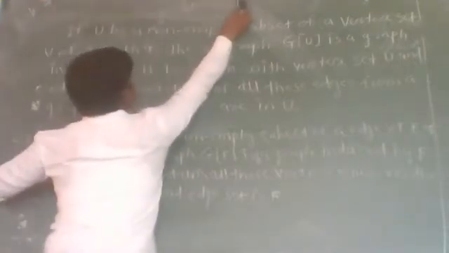So, if F is any non-empty subset of the edge set of a graph G, then the subgraph induced by edge set F has a vertex set containing all those vertices which are the ends of edges in that edge set F, and the edge set of that induced subgraph is F itself. Now, take one example.